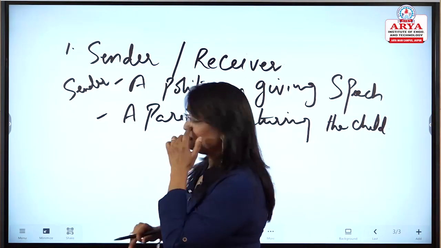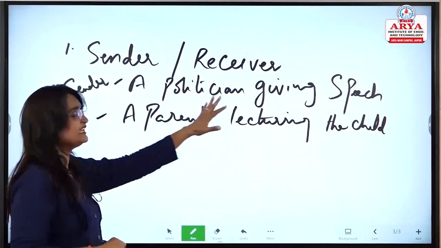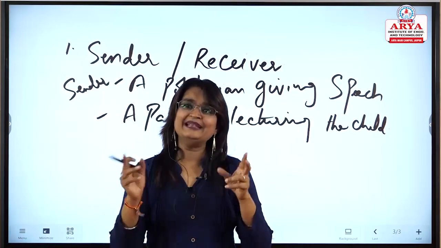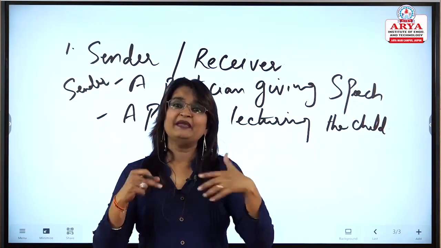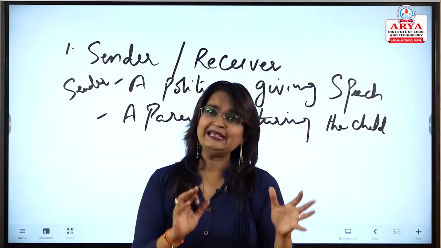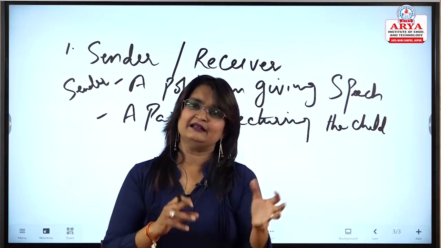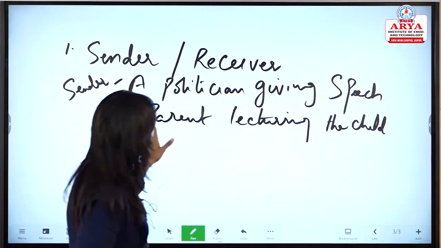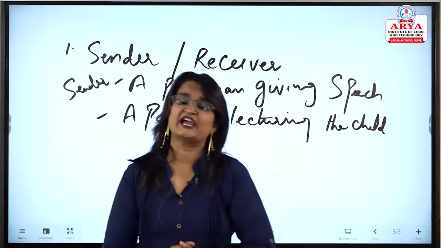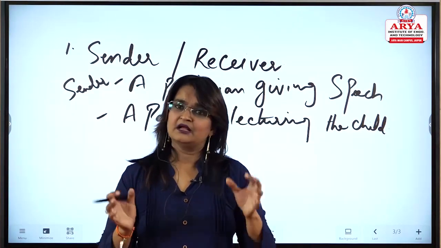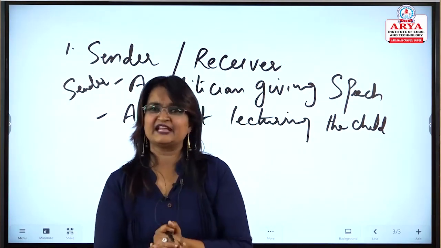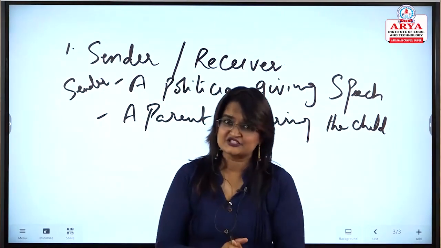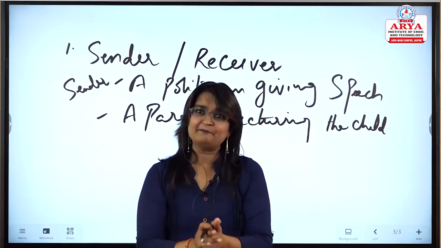In the first example, the politician giving a speech, naturally when the politician gives a speech, do we interfere or question him? No. We wait till the whole speech is completed, and then comes the receiver, how it is taken. In the same way, when the parent is lecturing the child, when you are at fault this lecturing might have happened, otherwise no. So you have to completely listen and then give your justification in the second part.